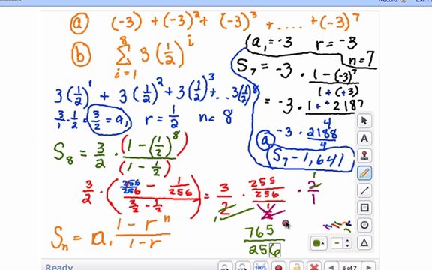Okay, and that's the sum of the first 8 things. This is the answer for part B.